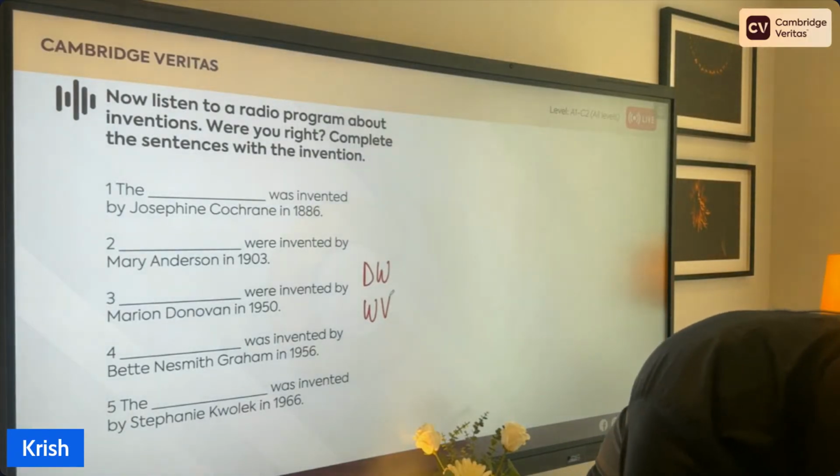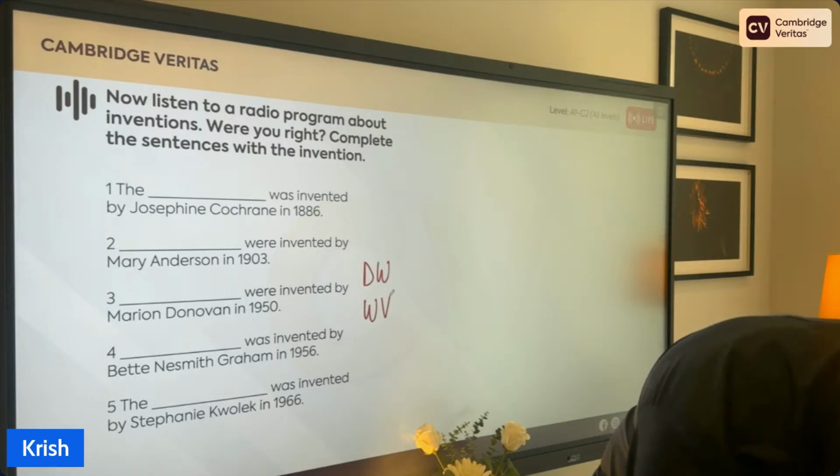But although she invented it in 1950, it wasn't until 1961 that an American company bought Marion's idea. Today, millions of disposable nappies are used every day, and Marion's invention has been made more eco-friendly. Now you can buy biodegradable nappies.